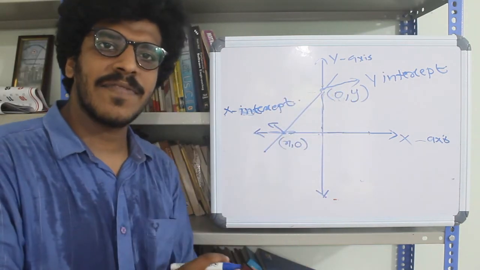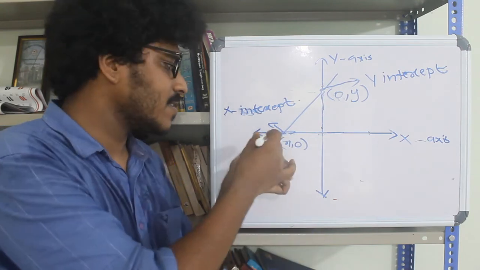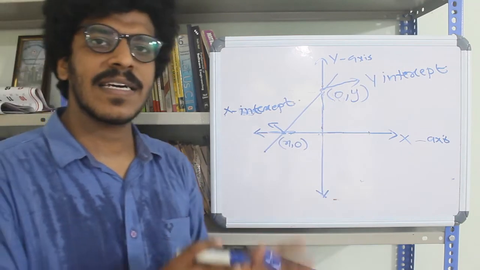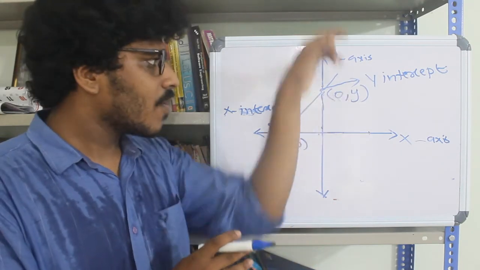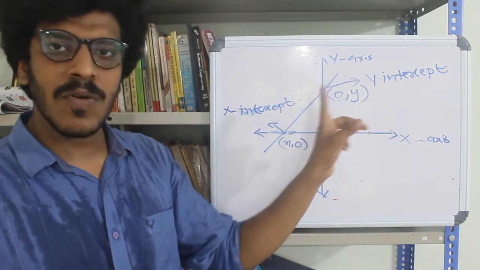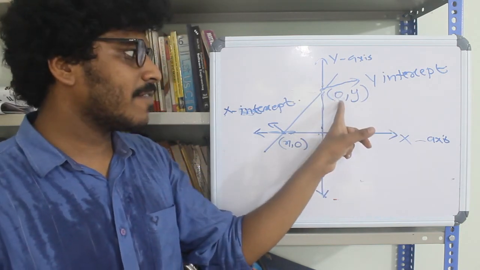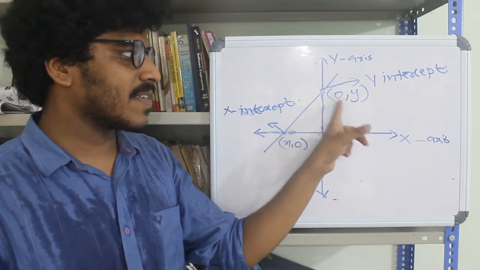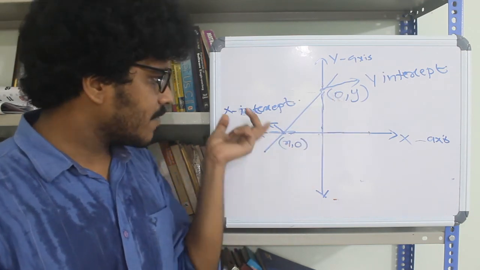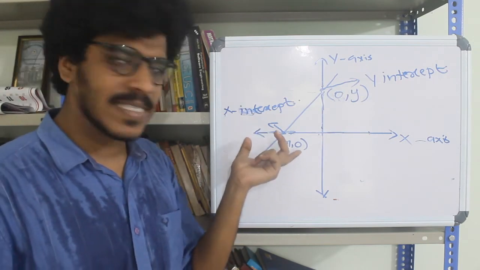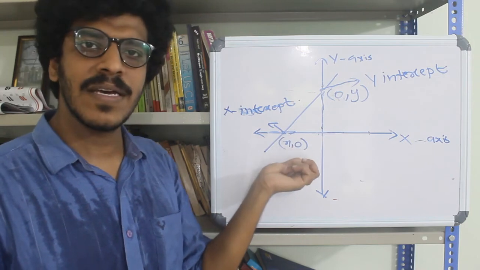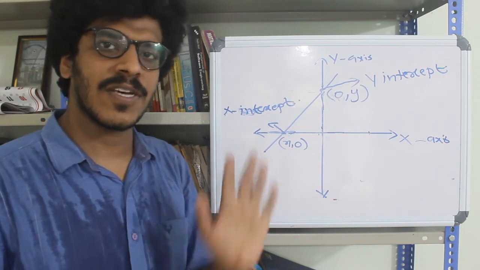The x-intercept is the point at which the graph of an equation touches the x-axis, and the y-intercept is the point at which the graph of an equation crosses the y-axis. Right. So the y-intercept is on the y-axis, so every y-intercept will have its first coordinate, the x, as 0, and every x-intercept is on the x-axis, and for that very same reason their second coordinate, the y-coordinate, will be 0.